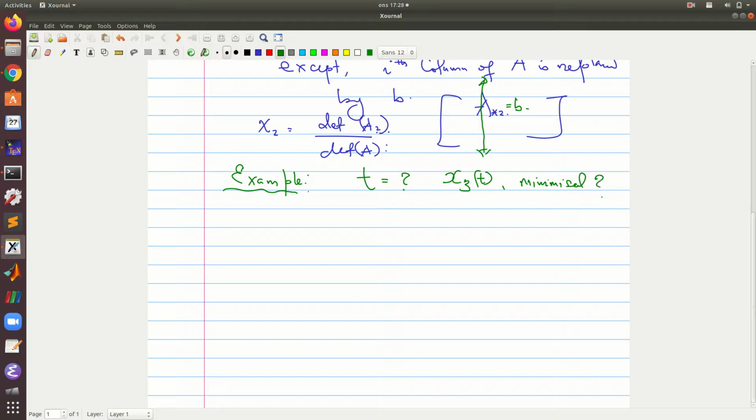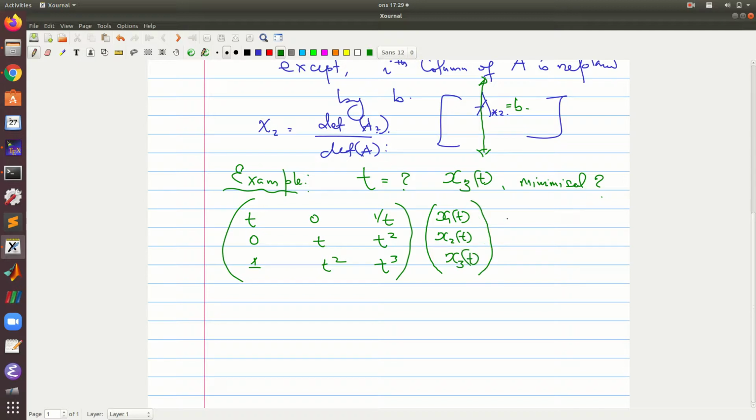So we have our matrix A given as that, with entries 0, t, t squared, 1, t squared, and t to the power 3, multiplied by the vector x1, x2, x3.